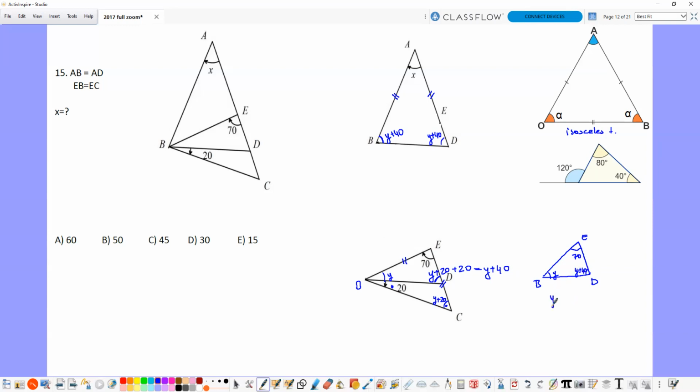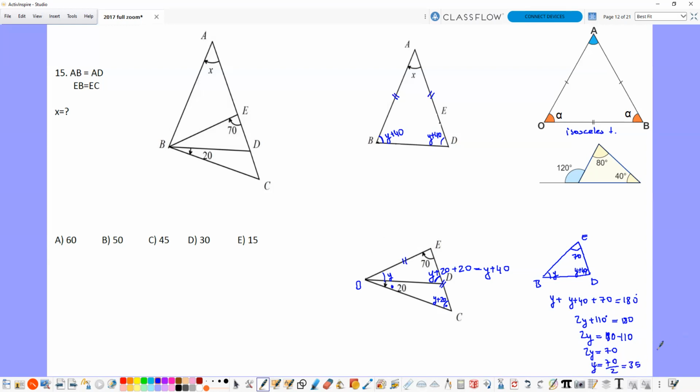So 2y plus 40 plus 70 degrees, these are all the angles of the triangle, it's equal to 180 degrees. 2y plus 110 is equal to 180 degrees. 2y is equal to 180 minus 110. 2y is equal to 70. Yes. And y is equal to 70 divided by 2, which is equal to 35.